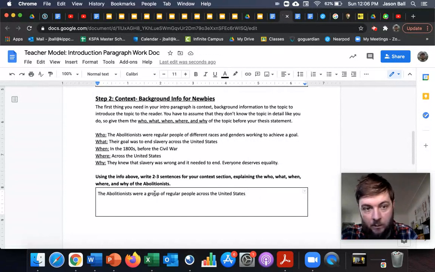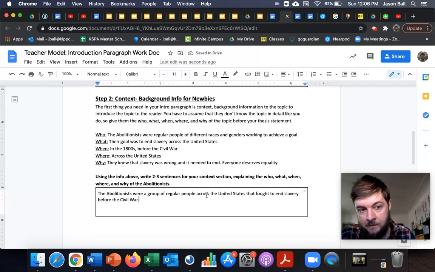And then I'm going to go with what, that fought to end slavery. Let's go with when, before the Civil War. So there I've got my who, where, and when in my first sentence. But now I still need the why.